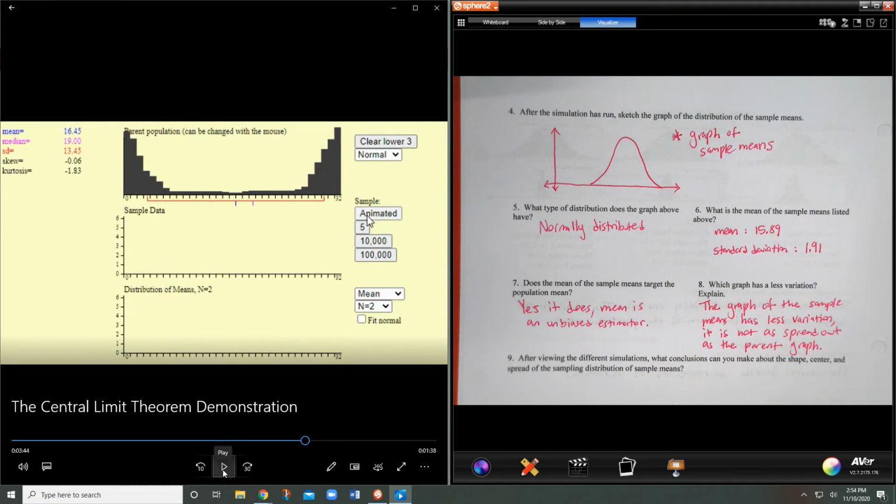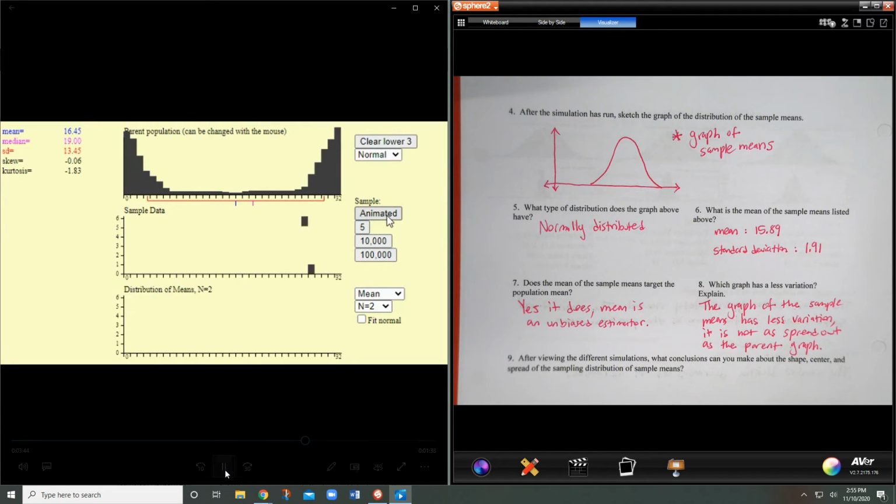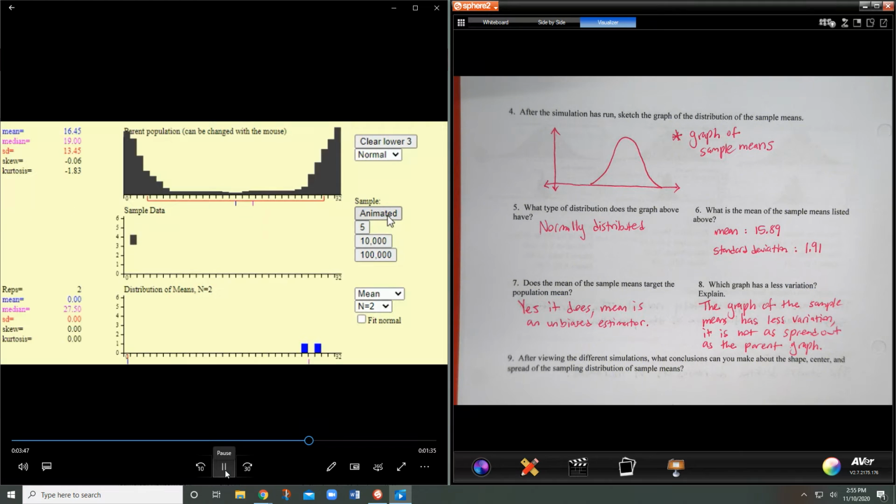So this is a distribution where you have lots of data clustered in 2 different locations. When we take samples, we're going to take samples of size 2. You would think, and it makes sense, that we would get a lot of means on the low end and a lot of samples that have 2 items on the high end. And you would think that it would be easier to get some high-end averages and some low-end averages, which seems to be what is taking place right now.